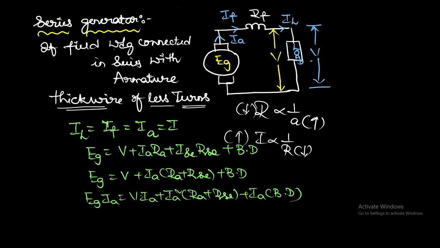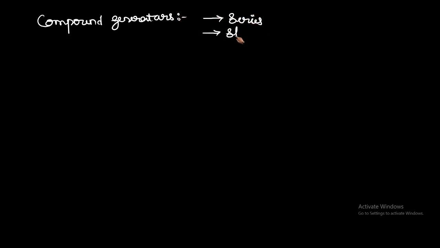Let us move on to the next type of generators, compound generators. The name itself tells you: a compound generator has both a series field winding and a shunt field winding connected.